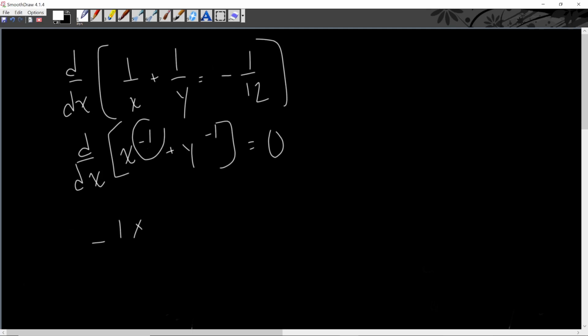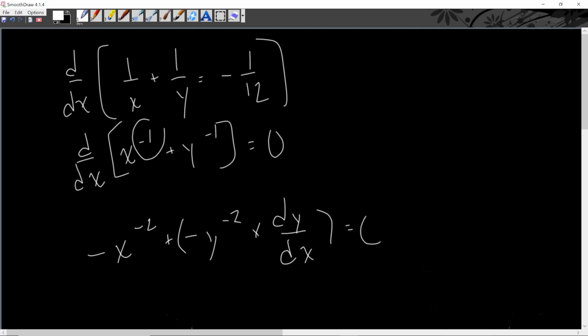So let's write it as negative x to the negative 2 plus, same thing, we bring that negative out front, negative y to the negative 1 minus 1, negative 2 times dy/dx. We did d/dy of y to the negative 1, and then we have to multiply that by dy/dx to get d/dx of y to the negative 1, and that's going to equal 0.